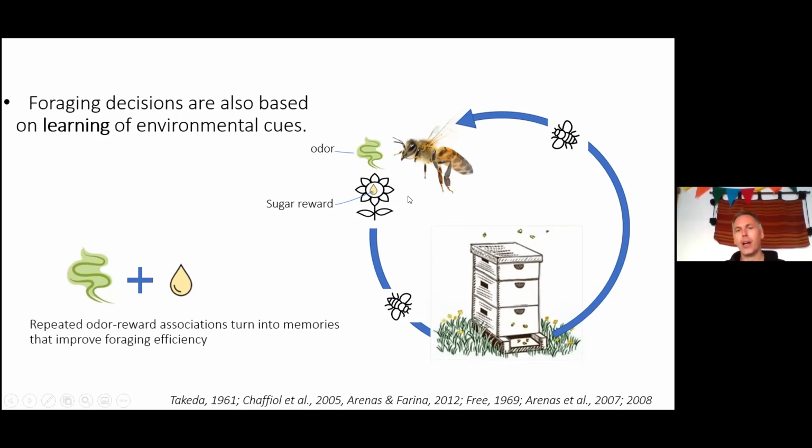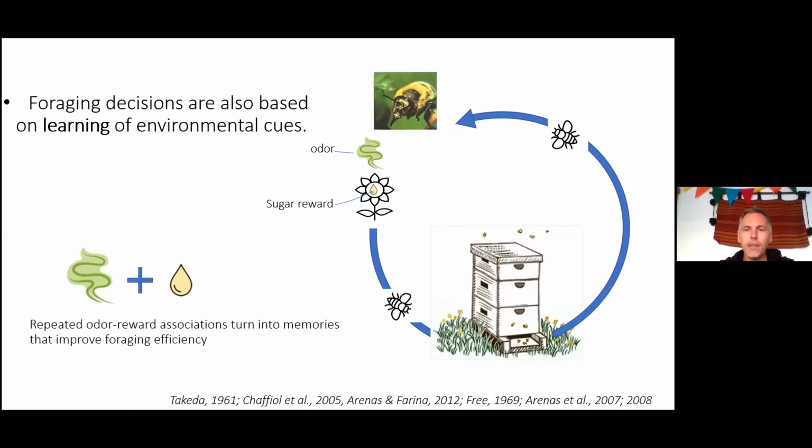As long as the honeybee continues visiting this floral patch, repeated rewarded associations turn into memories that improve foraging efficiency. For example, by guiding the foragers towards the learned odor, triggering a landing response on the flower, and even eliciting discrete behaviors such as the extension of the proboscis when the bee approaches the flower and perceives the learned odor.